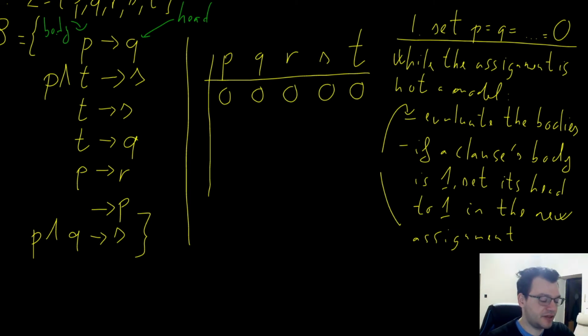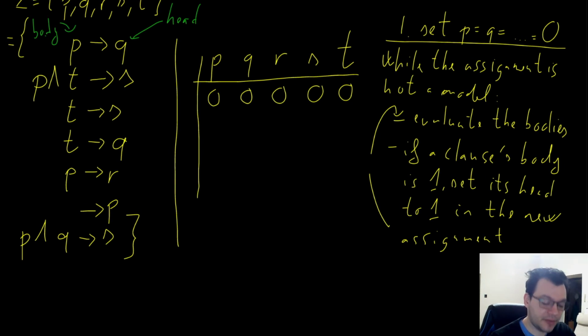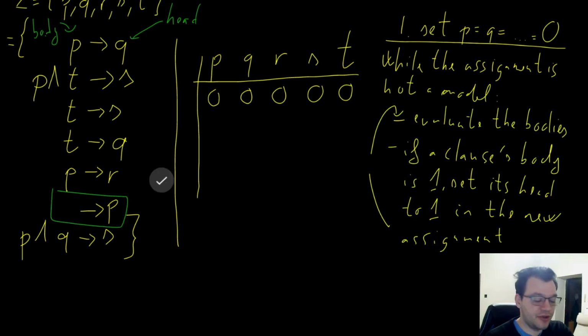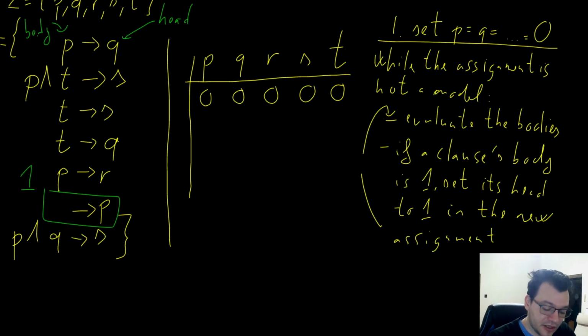It might seem that nothing gets evaluated to 1, but it actually does, because in this clause we have an empty conjunction, and as we've already discussed, an empty conjunction evaluates to 1, because this is just the infimum of an empty set. If you view this as poset theoretic stuff, you can define the empty conjunction to be 1 and the empty disjunction to 0. It's the same underlying principle.